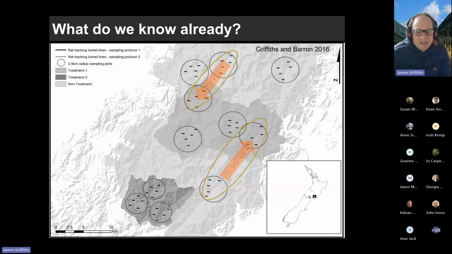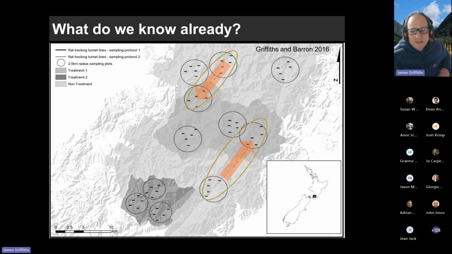We have tracking tunnels on the outside at the end of the arrows in the light grey, and then tracking tunnels on the inside of the treated area, the darker grey area at the pointy end of the arrows. And we modelled tracking rates along that transect immediately after 1080 and for a couple of years afterwards.